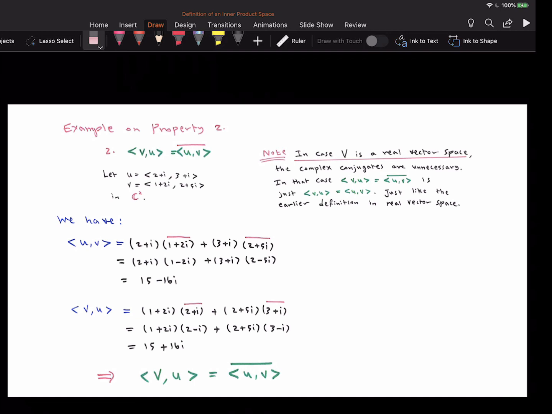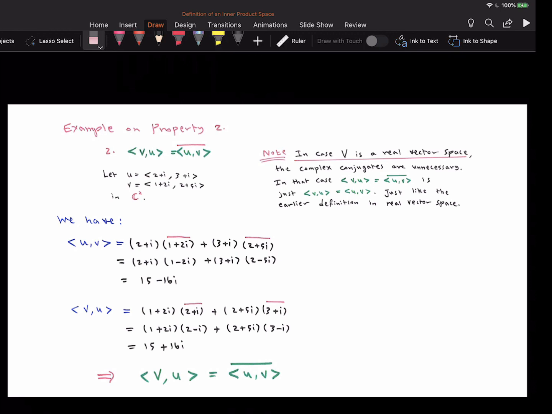Example on property number 2. If U equals (2 plus i, 3 plus i) and V equals (1 plus 2i, 2 plus 5i) in C2, we have the following.